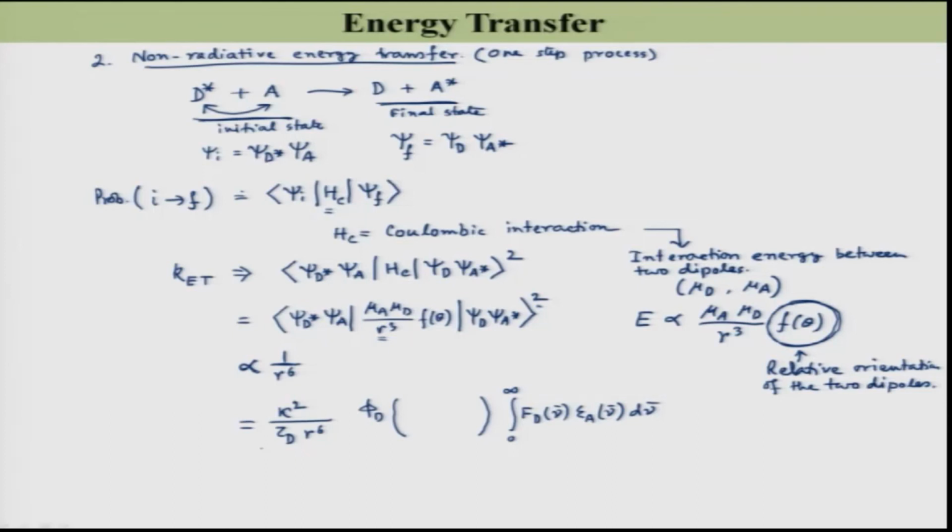You see, as I have commented, it depends on phi d, it depends on tau d, it depends on the distance, it depends on this overlap integral. Obviously, it has to depend on the overlap integral, because the energy should match, otherwise it is not possible. It also depends on this factor kappa square, which is known as the orientation factor.